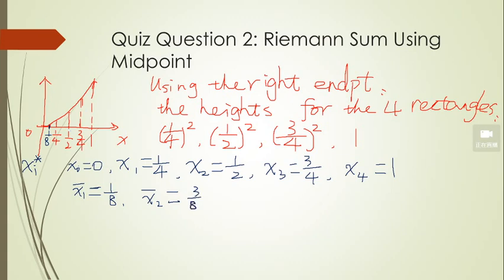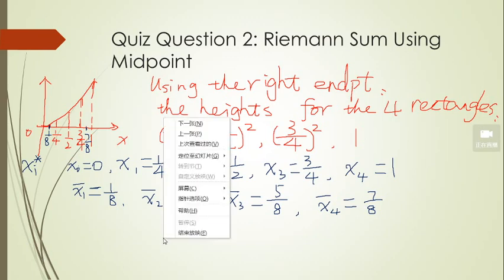How about the third middle point, in the third interval? It should be 5/8, I guess. And the middle point in the fourth subinterval should be 7/8.